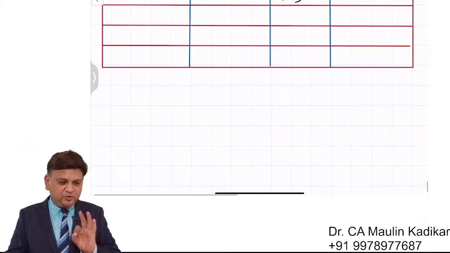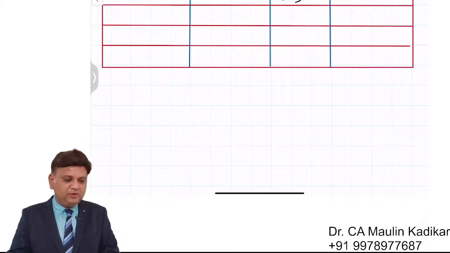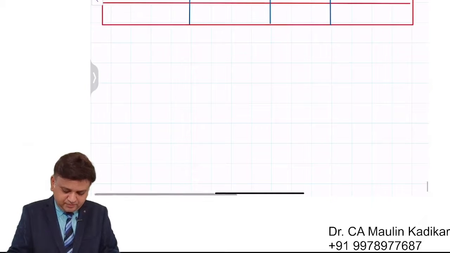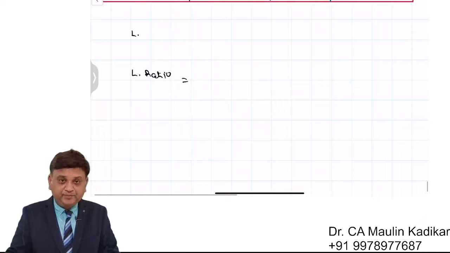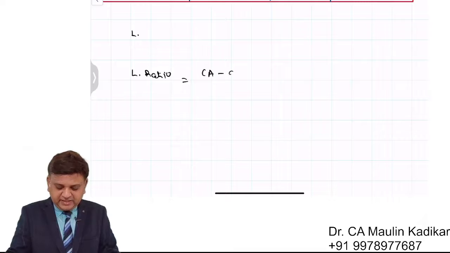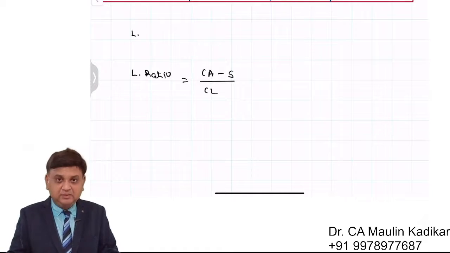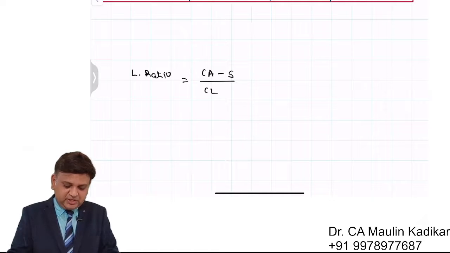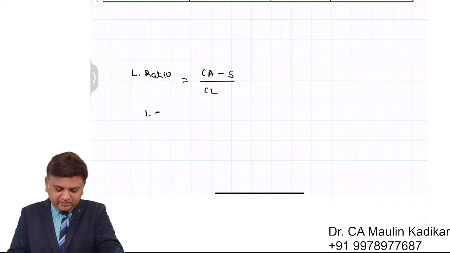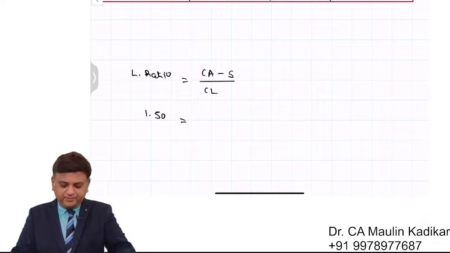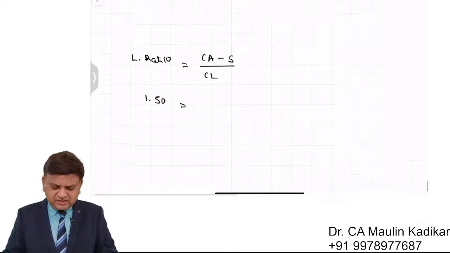Now friends, we have yet to utilize the information about the liquidity ratio. Liquidity ratio is current assets minus stock divided by current liabilities. The liquidity ratio is 1.5:1, so it is definitely 1.5. Current assets, I don't know.